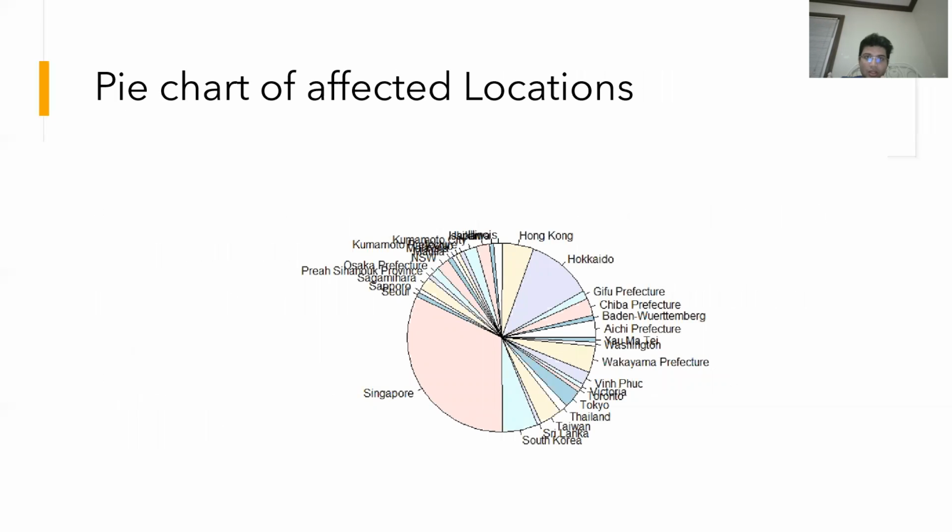And this is the first visualized graph. As you see, Singapore is highly affected. One reason for Singapore being highly affected is that it is a country as well as a city, a small city located on an island, as everyone is aware.